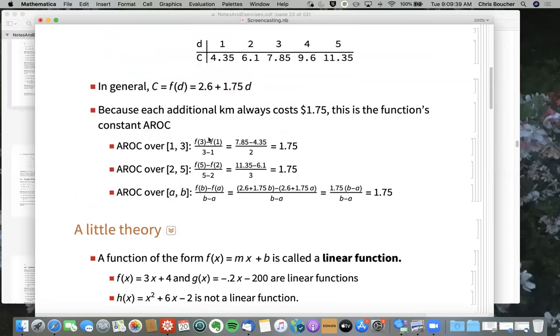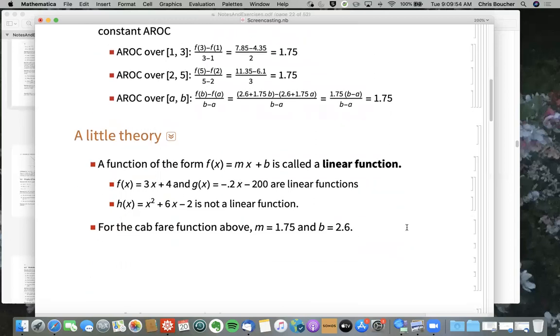So up above, indeed, here we said this was a linear function. The m value is what's multiplying the input, right? Notice that it doesn't really matter what order you write the terms in. For this function, the taxicab function, m is 1.75 and the b value is 2.6.